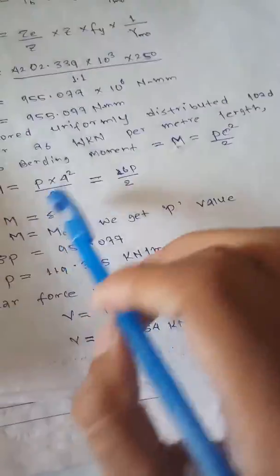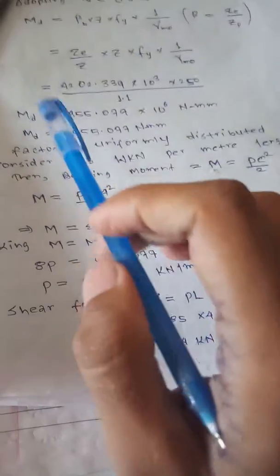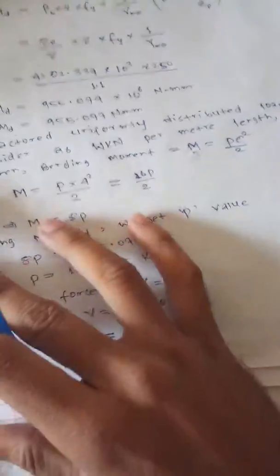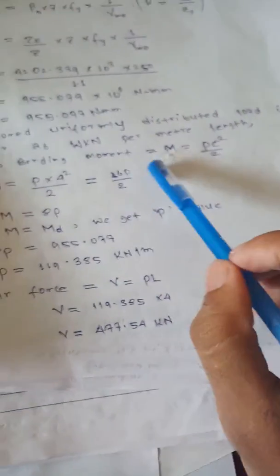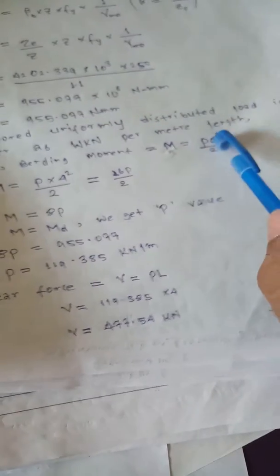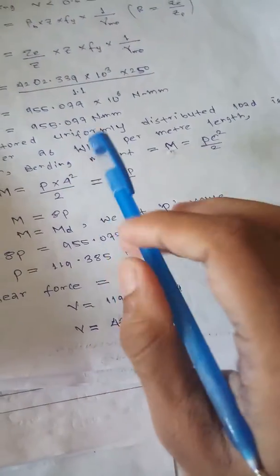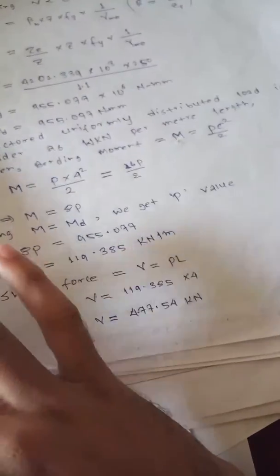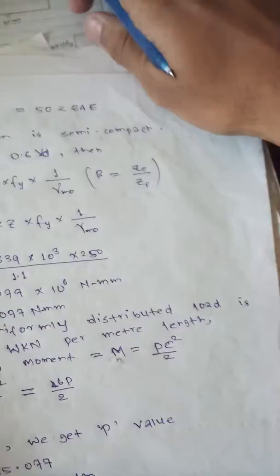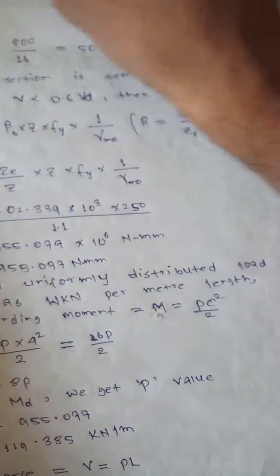we will calculate the total moment for the section, for the web and for the flange. Now we will calculate the total bending moment, and this bending moment is equal to P c square by 2, where c is given in the question. c is equal to 4. c is nothing but the span, here it is 4.